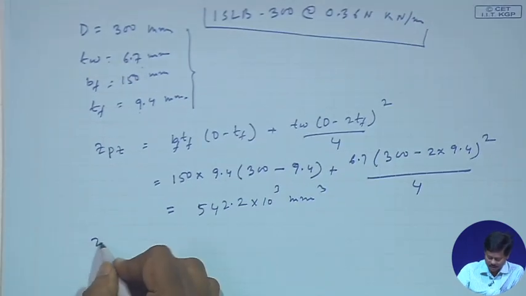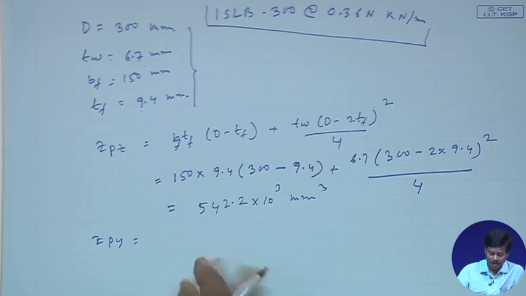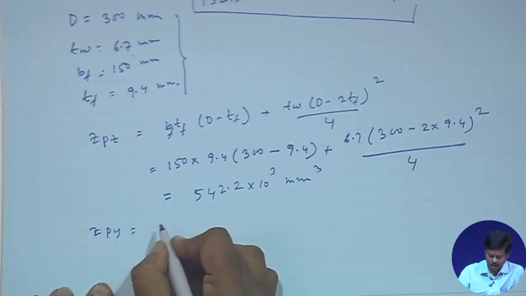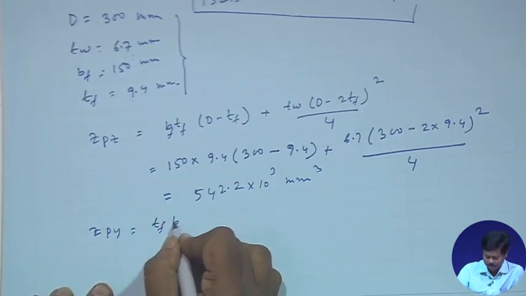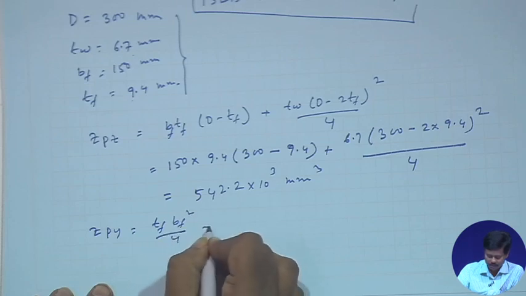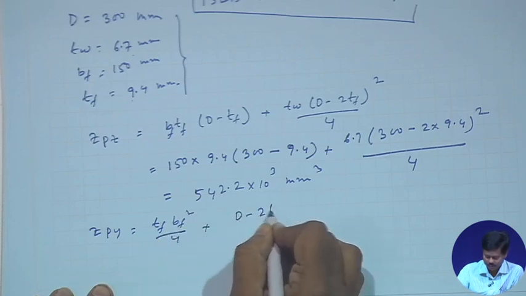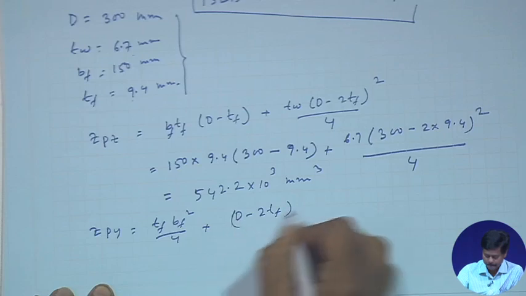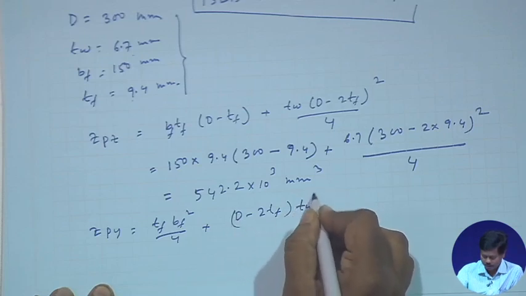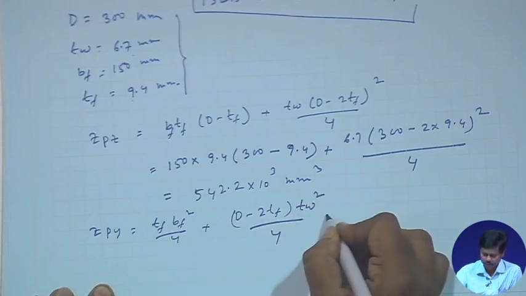Similarly, the Z p y value we can find out. Z p y value will be T f into B f square by 4 plus (d minus 2 T f) into T w square by 4.